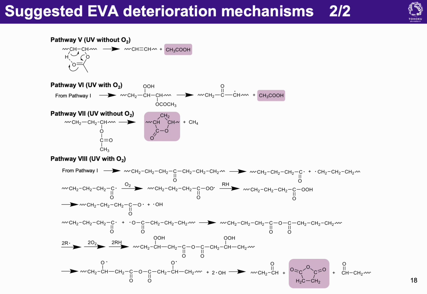Succinic anhydride was identified from UV PY-GC-MS analysis following 6 hours of UV irradiation, which could be produced via pathway 8. This work demonstrated the usefulness of PY-GC-MS and UV PY-GC-MS approaches for evaluating the photo-oxidation behavior of the EVA encapsulant.